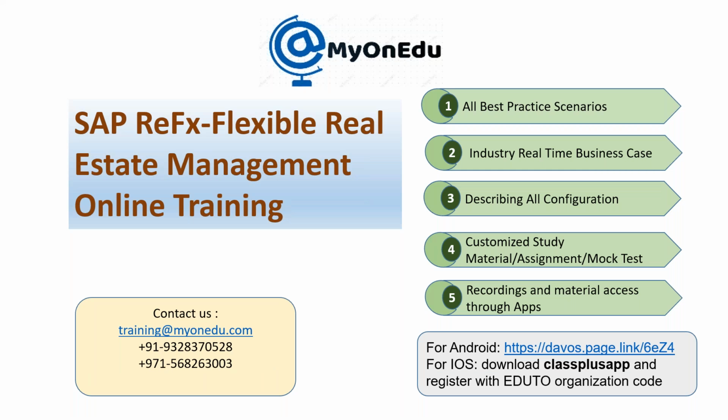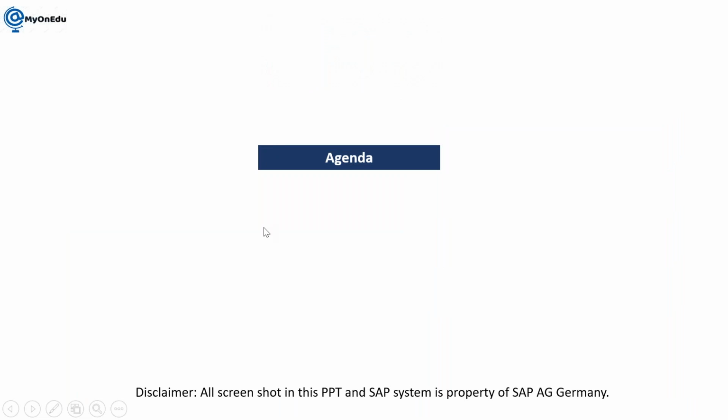So my today's agenda is to explain the service charge settlement process. If you have any idea what service charge settlement is, can you explain? Okay, in a building there could be a lot of utility services, like electricity, gardening, and municipal water.